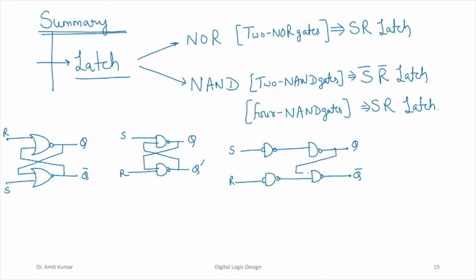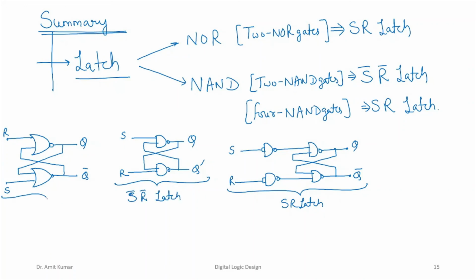They will be connected in feedback manner to the input of this NAND gate, and to this NAND gate. So this is an SR latch. This is an S bar R bar latch. And this is an SR latch.